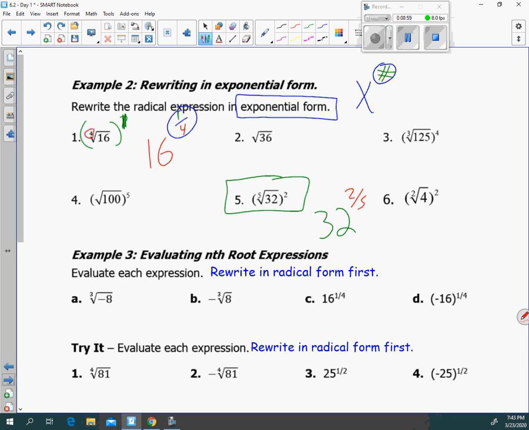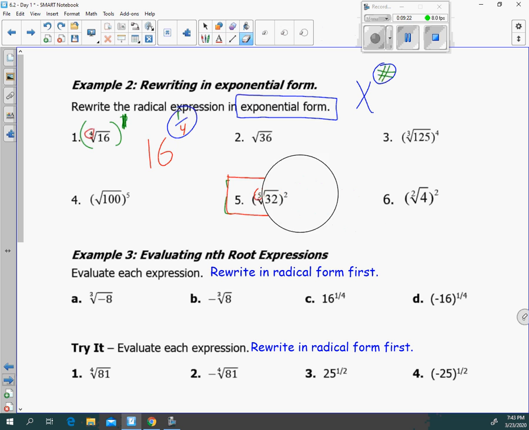Now, if you can't just remember, hey, this root is the bottom number in the fraction, come up with a way that makes sense to you and that you can remember it. But just know, if that one's the bottom number, that's all you need to know, because then you know that one's the top number and it's going to go over there, right? Whatever you need to do to help you remember it. Okay? So that was number 5.